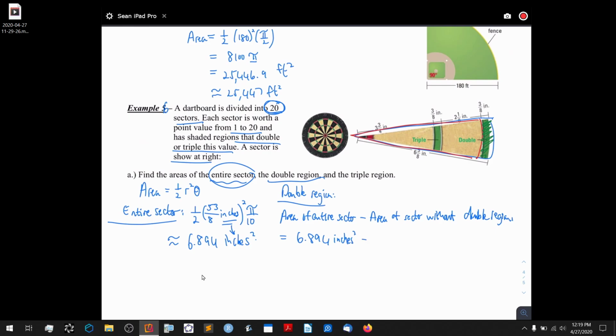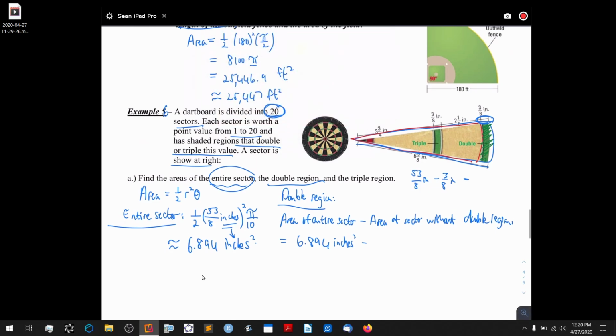Now this is annoying, but not too bad, because the entire sector's radius is 53 over 8 inches. But then I'm taking away 3 over 8 inches. So the red region, the sector without the double region, has a radius of 50 over 8 inches.